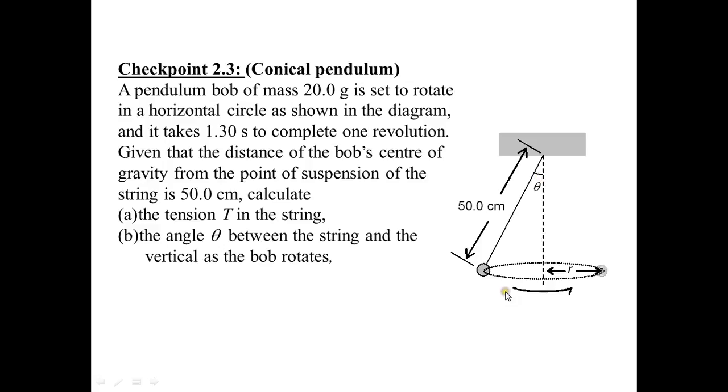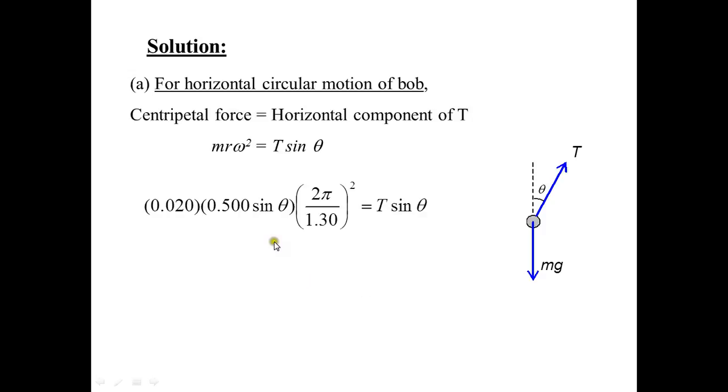So sine theta will be r over 50 cm, so r is 0.5 sine theta. Omega is 2 pi over the periodic time. T is the tension, which is unknown, and you also don't have sine theta, but notice that both sides have sine theta, so they cancel off. From here, I get the tension in the string to be 0.23 Newton.